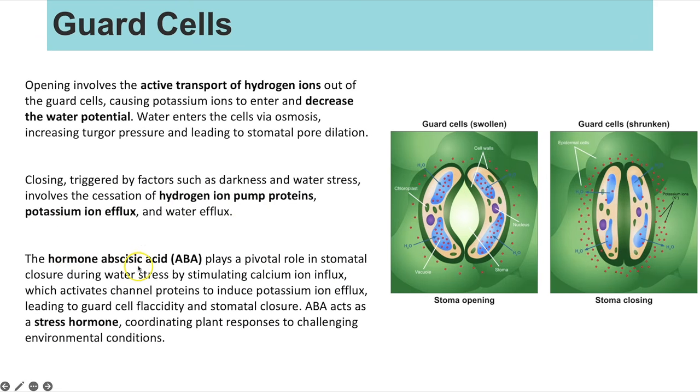Also, the hormone ABA plays a pivotal role in stomatal closure during water stress by stimulating calcium ion influx, which activates channel proteins to induce potassium ion efflux. And that will lead to guard cells becoming flaccid and the stomata closing. So ABA acts as a stress hormone, coordinating plant responses to challenging environmental conditions.